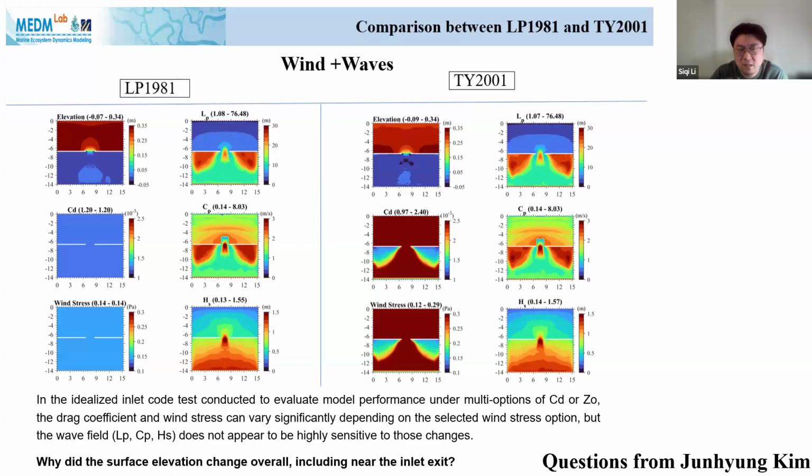The second one is TY 2001, a new method from Taylor and Yelland in 2001. For these two methods, the drag coefficient, the CD here, is calculated differently. For the first one, LP 1981, CD is dependent on the wind speed. Basically, the higher the wind speed, the higher the drag coefficient.